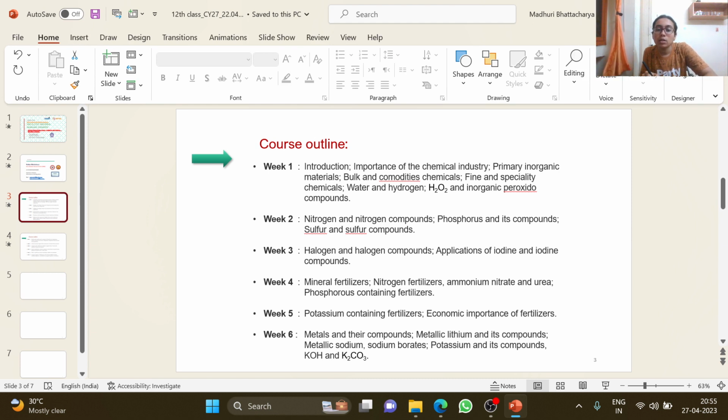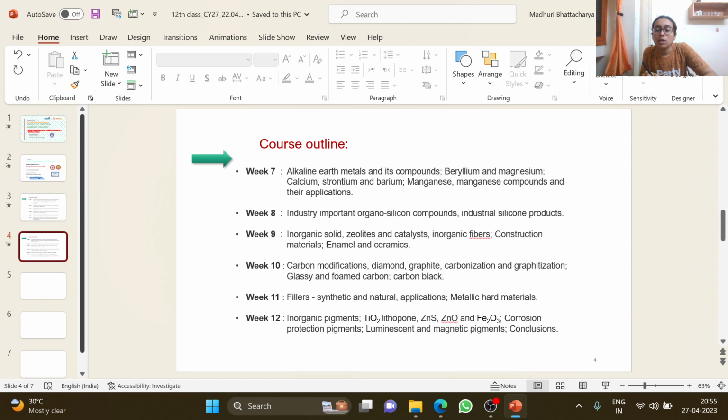Then some important metallic compounds, alkaline earth compounds, especially barium, calcium, manganese based compounds. Then some industrially important organosilicon compounds. We have discussed silicones, quartz, and such compounds in the application of luminescence study.